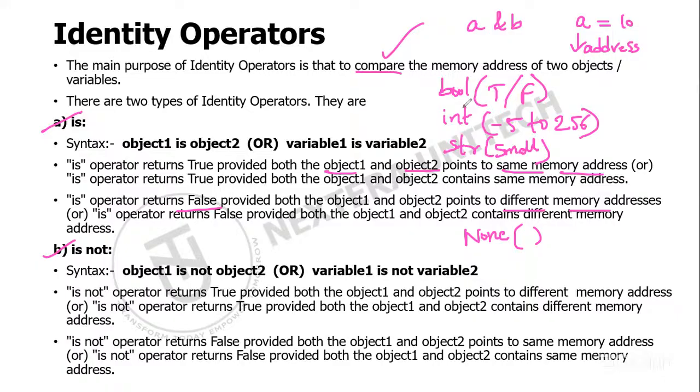It can be n number of objects. Assume I am storing True in 5 different variables; go and check the address of all these 5 variables. It will point to the same memory address. In any other cases, the address will be different, because Python creates different objects. Only in these cases will the address be the same. I have clearly specified this, so this is very important.